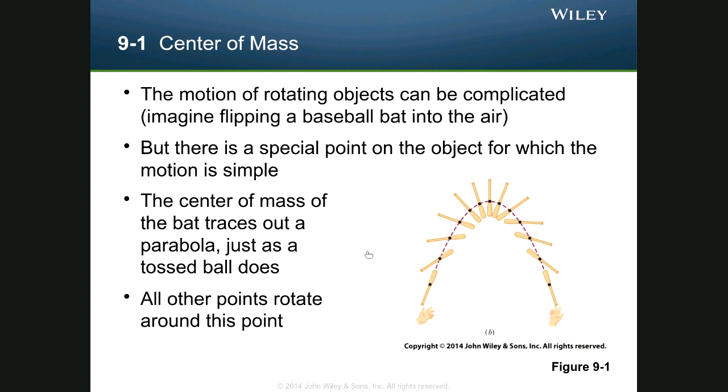All the other points rotate around this point. If you look at the head of the bat, it's even more extreme. It's very strange because you're compounding a translation and a rotation, which is something we'll learn how to do, but not quite yet, not until chapter 11.